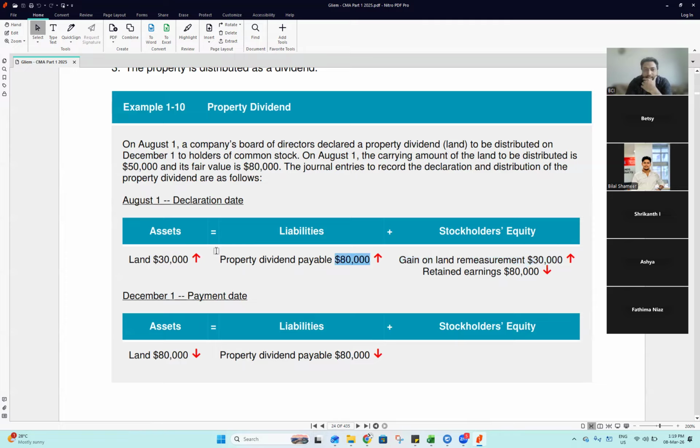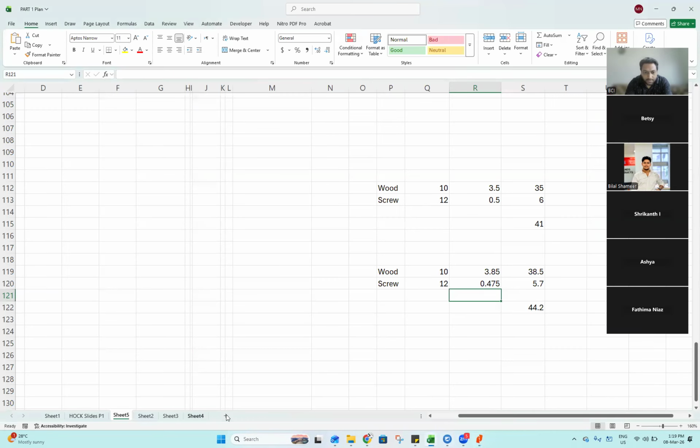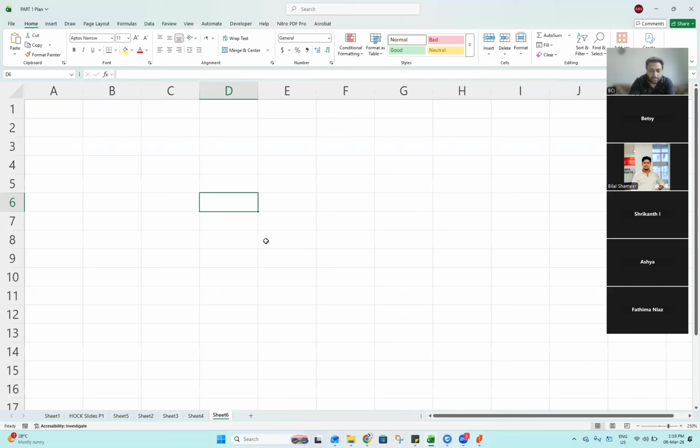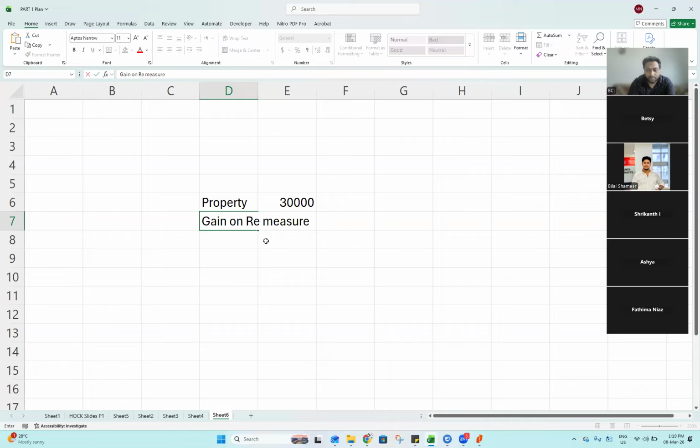Yes. Now, then on declaration date, one more journal entry will be passed. Okay, let me put that here. Land account debited 30,000 to gain on remeasurement, 30,000.